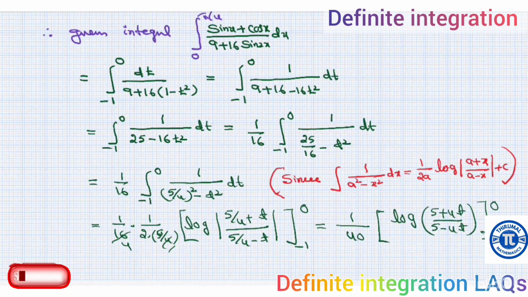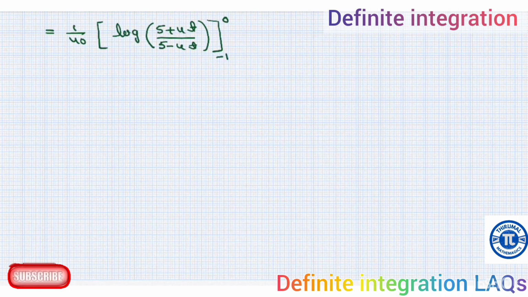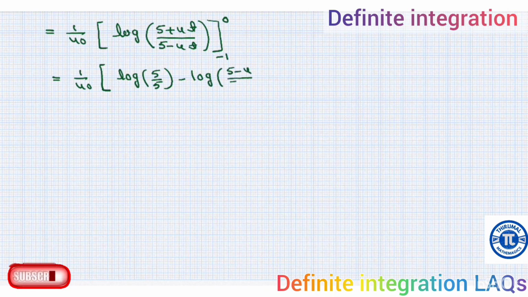Now substitute the limits, upper limit first. It is 1 by 40 into: first substitute the upper limit 0, so log of 5 by 5, minus the lower limit minus 1, log of (5 minus 4) by (5 plus 4), which is 1 by 9.